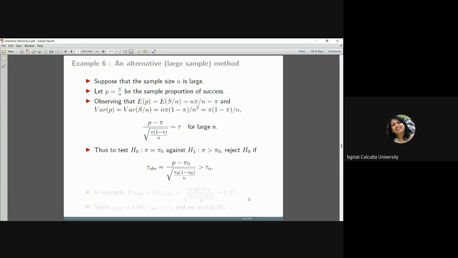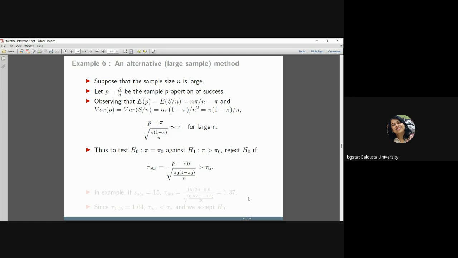So to test H naught, pi equal to some pi naught, against the right-sided alternative, we can use this sampling distribution of this test statistic, p minus pi naught divided by root over pi naught times 1 minus pi naught by n. And according to the central limit theorem, this will follow the sampling distribution of this quantity.